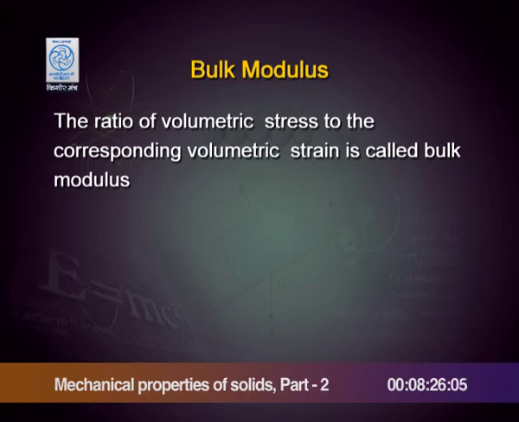Next, we go on to volumetric stress and strain. The ratio of volumetric stress to volumetric strain is known as bulk modulus. It is represented by B, and it is very special. Notice, if I were to give this ball a hydraulic deforming force from all sides, I am going to diminish its size.